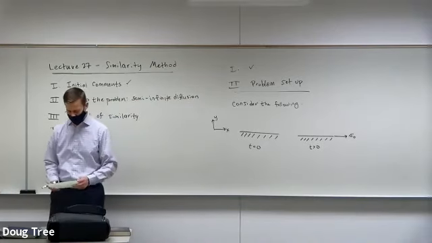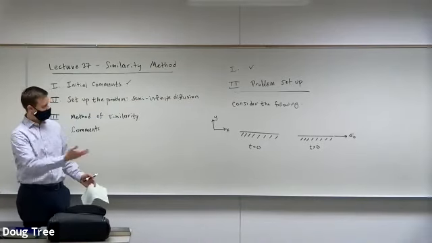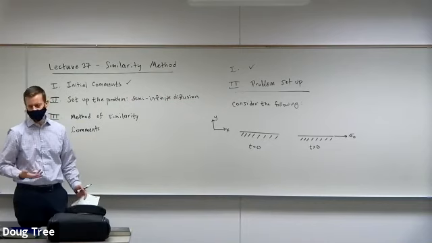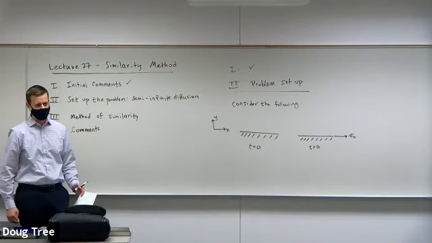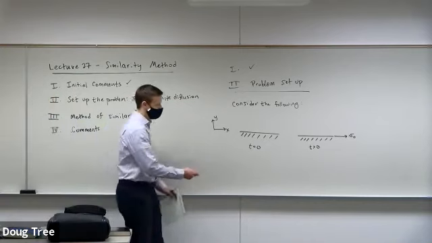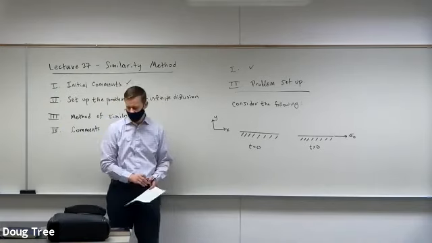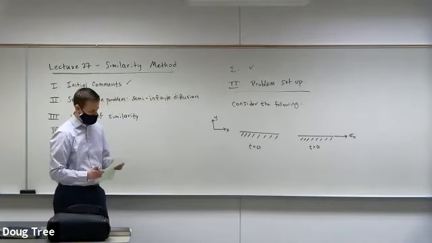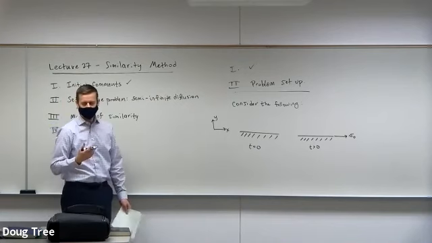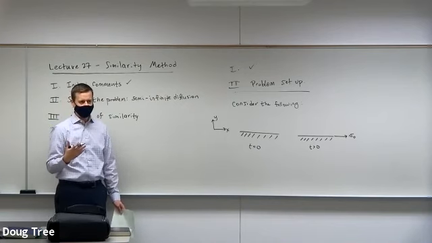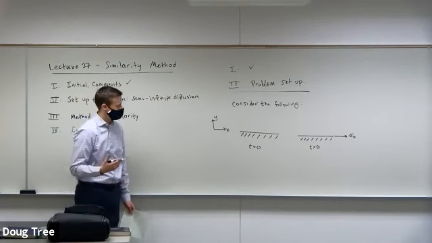Sometimes we call this an impulsively or suddenly started flat plate. So just sitting there, all of a sudden we start pulling it. So let's think about what we would expect the velocity profile to look like in this situation.